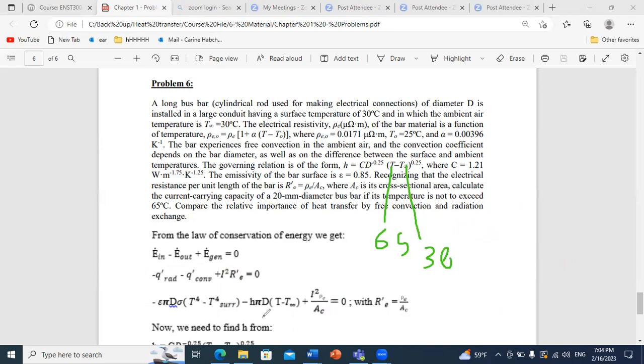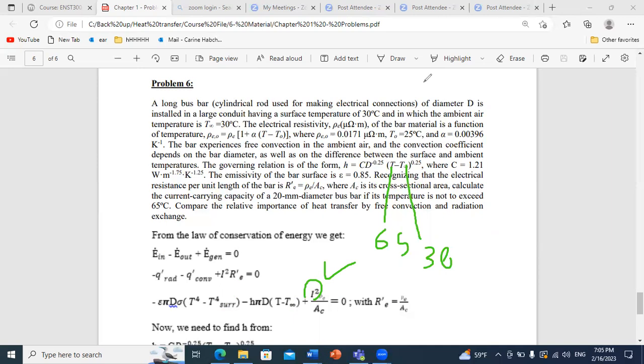Then you multiply by pi d times T minus T infinity, also 35 (65 minus 30), plus I squared over A_c equals 0. As you can see, all parameters in this equation are known except the current value, so you can solve for the current.